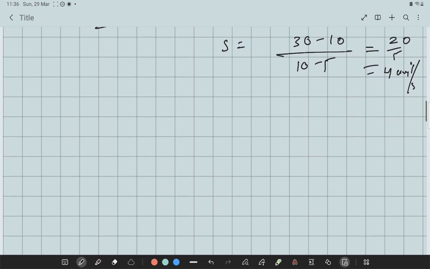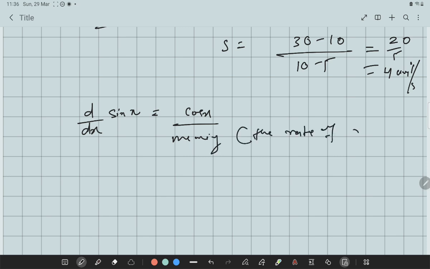Let's take an example of sin x. It's an interesting case. You know the formula that when you differentiate sin x, it leads to cos x. That means the rate of change of sin x is cos x, which is interesting to note.